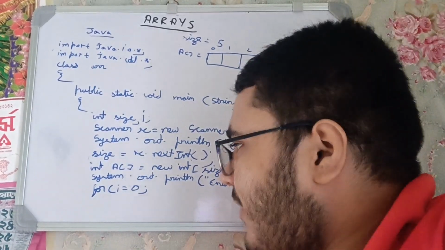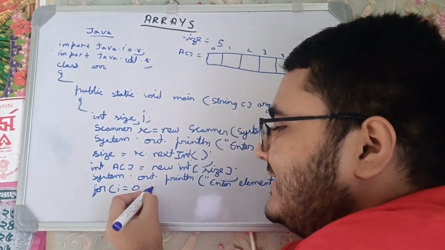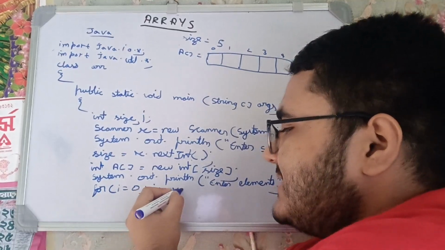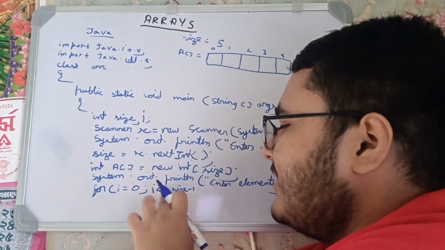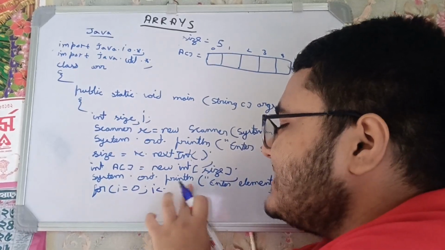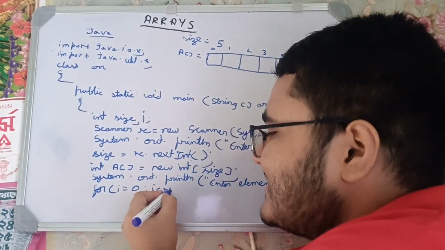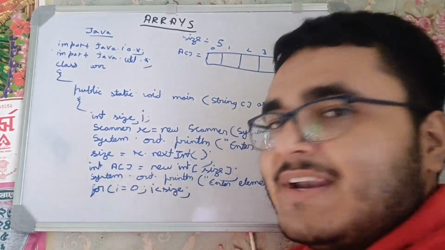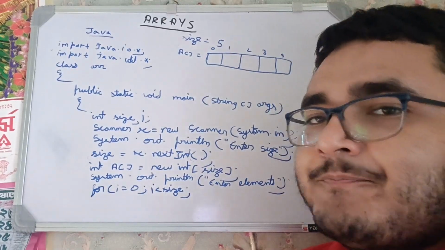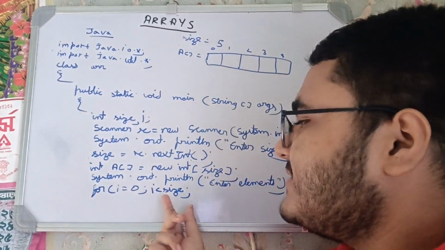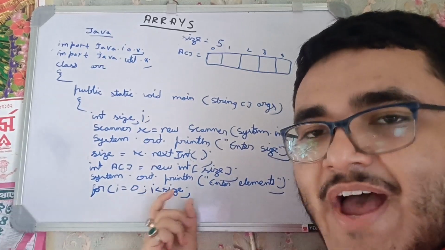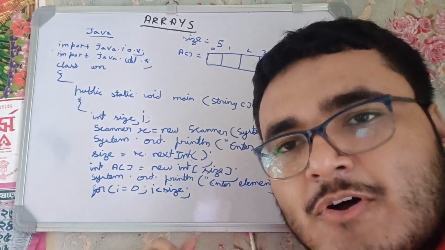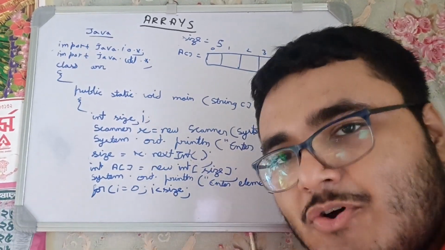Okay, so I can write i less than or equal to size minus 1, or you can also write i less than size. If I write i less than size, what will happen? If it is 5, the maximum value i can reach is 4. 5 less than 5 will become false, so the loop will stop.